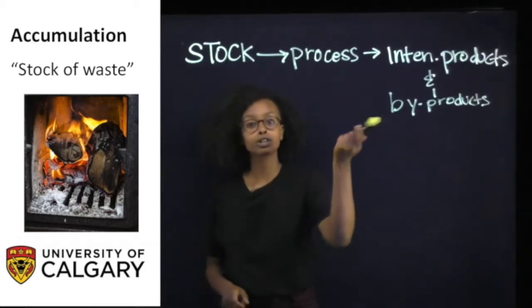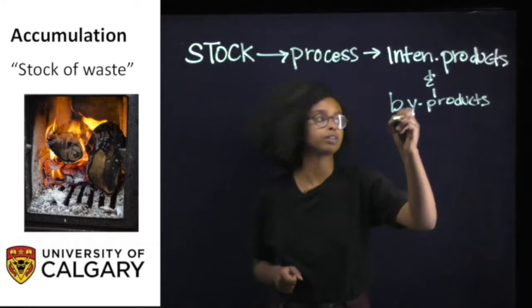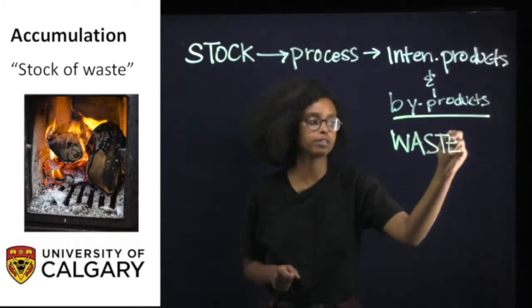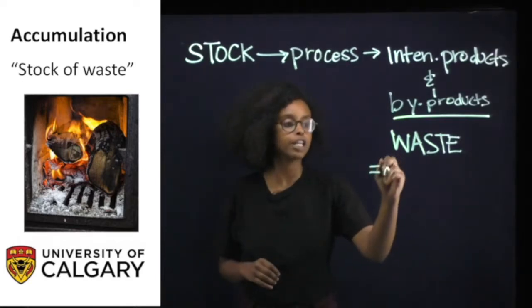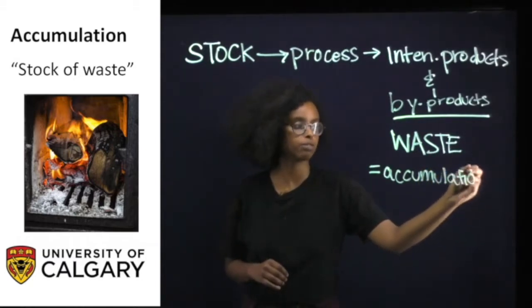So when the stock goes through a process, it's inevitably going to create byproducts, and some of this byproduct is going to be waste. This waste coming from the stock is known as an accumulation.